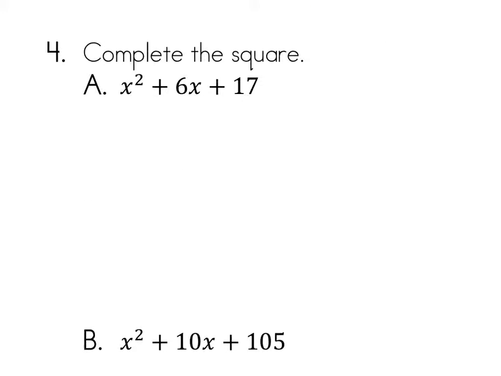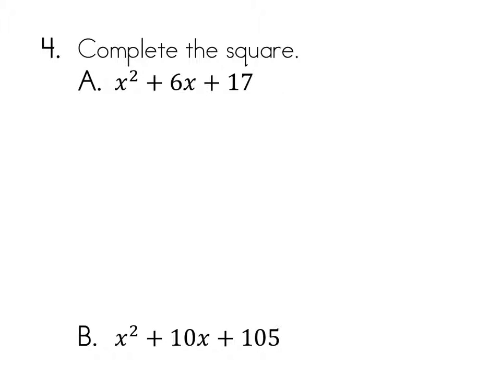Now, this is not going to change the process, but it is going to have an impact on maybe our final answer. So I'm going to ignore the plus 17. In fact, I'm going to write that off to the side as an afterthought, but something that I can't forget. And then I'm also going to bring down the x squared plus 6x.